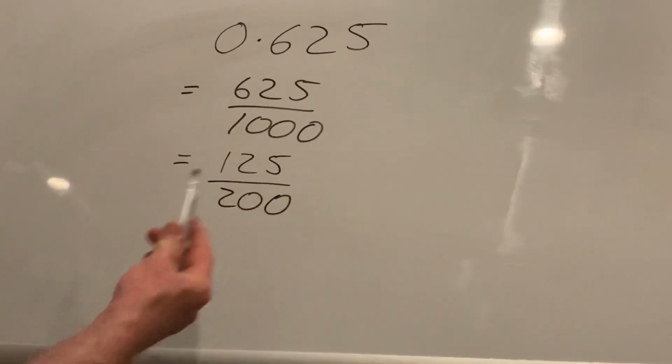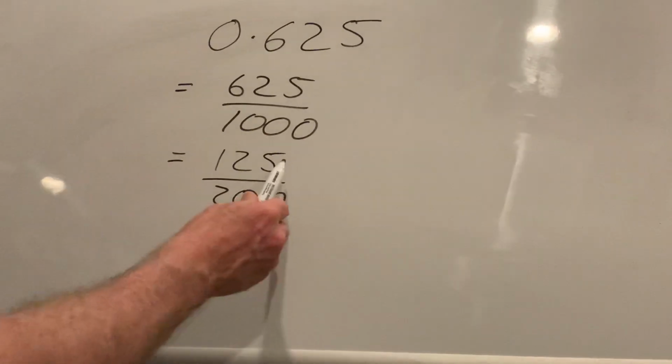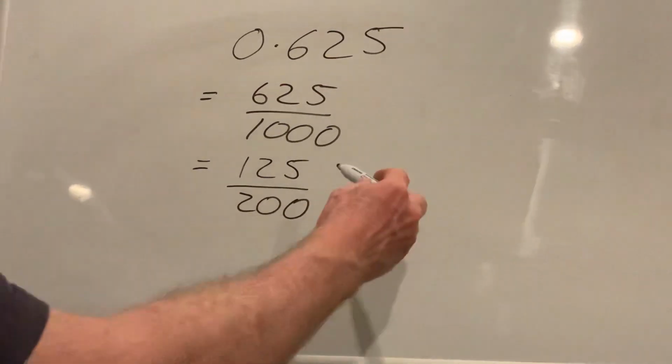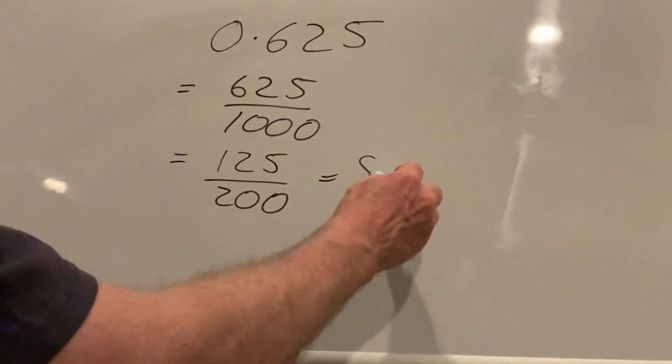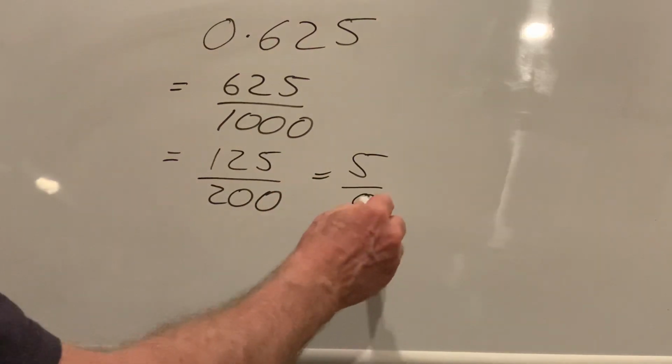So we're down to this now. I think you could say 25 goes into this 5 times, and 25 goes into that 8 times.